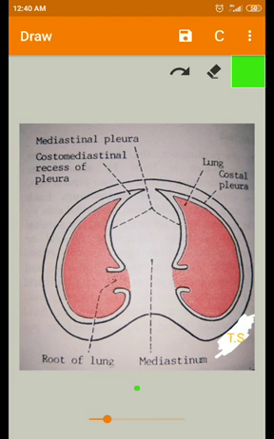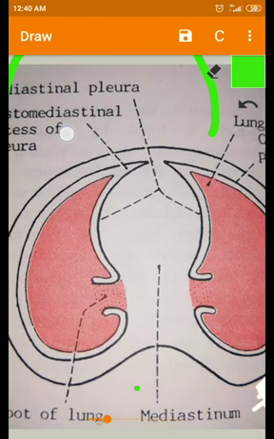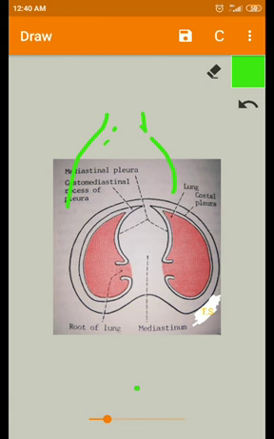And coming to the applied anatomy, we studied in the previous video the costodiaphragmatic recess, isn't it? That is the space where any fluid, air or pus first gets accumulated.